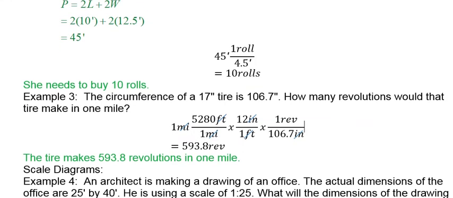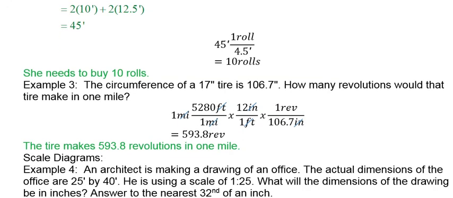Second application you'll sometimes see with these conversions is scale diagrams. And there's kind of two ways to do scale diagrams. Again, I'm going to start out by looking at that dimensional analysis method. So when we have a scale diagram, when we see something like this where it says 1 to 25, that's saying 1 of whatever unit on the map is equal to 25 of whatever we have in real life, because of course the map is smaller.